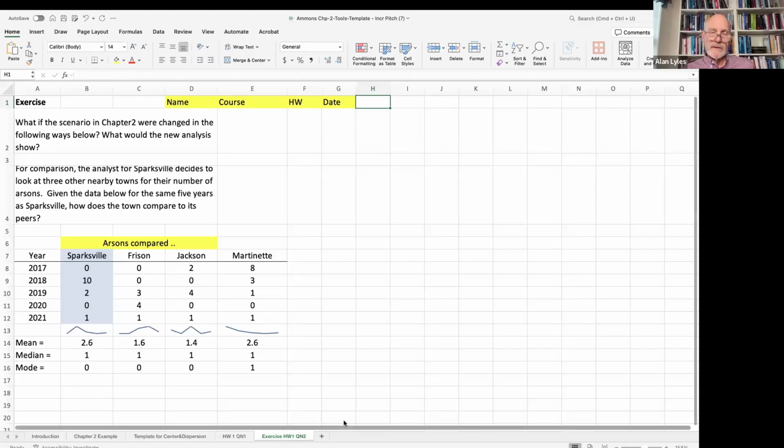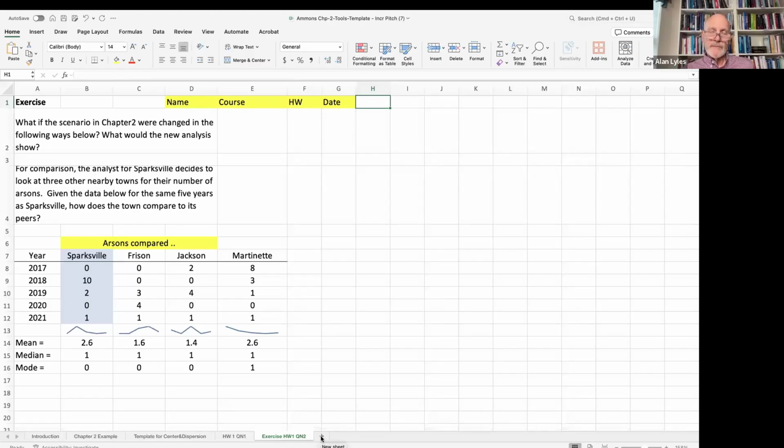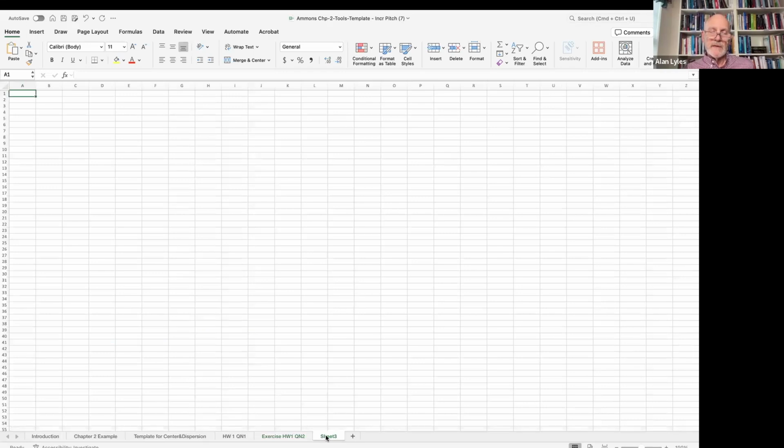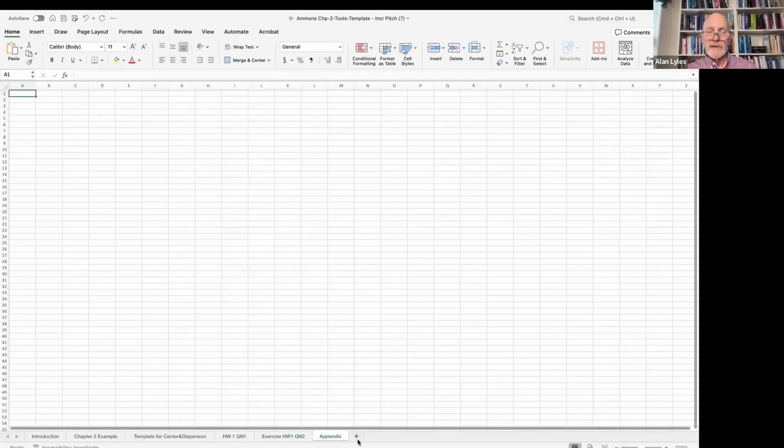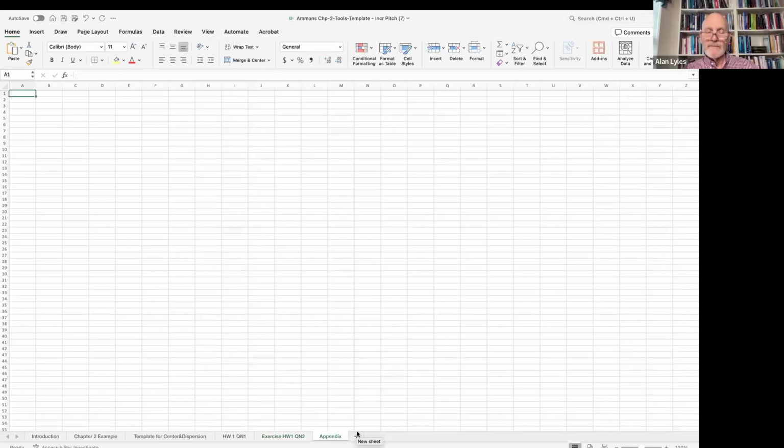And down here, at the bottom, I'm going to put plus, and I'll say rename appendix, and I'm not going to add something there. It's just to separate that from what came before. And here I'll right-click, rename, communication protocol.